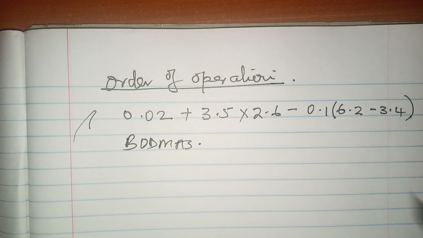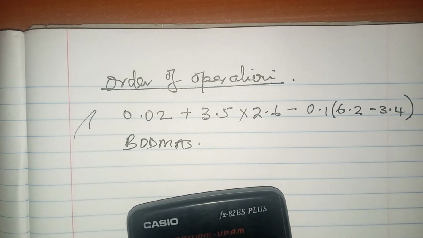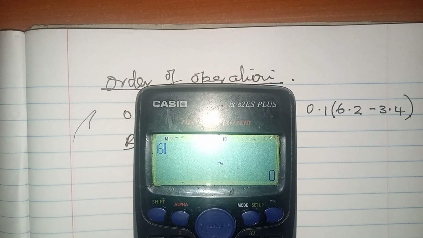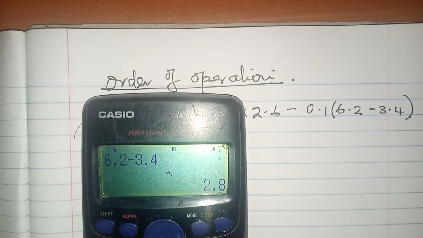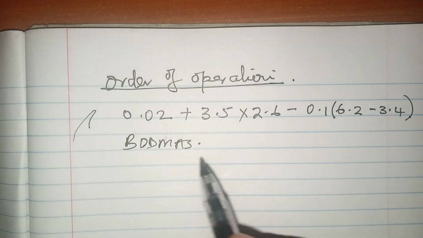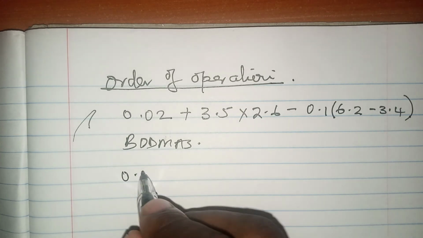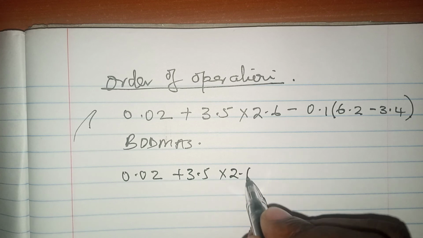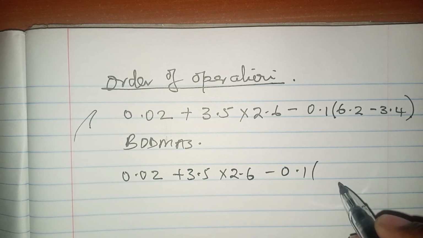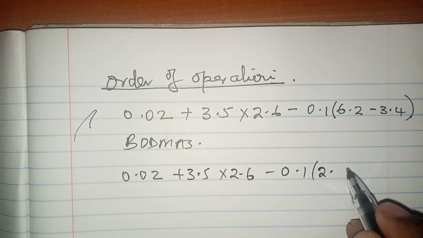So what is in the bracket? 6.2 minus 3.4. What are we going to get? We are going to get 2.8. So we can rewrite the whole thing: 0.02 plus 3.5 times 2.6 minus 0.1 multiplied by 2.8.